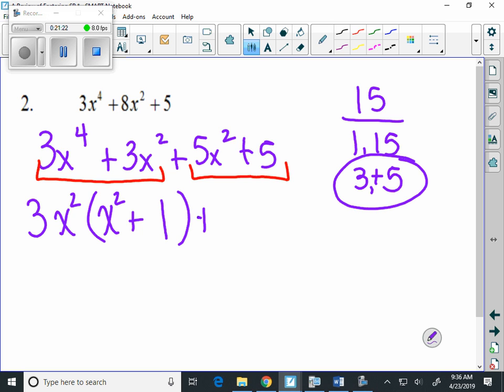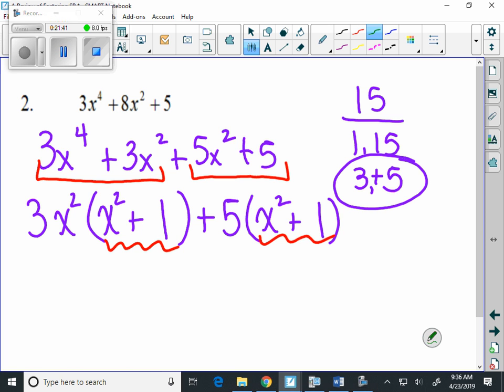Over here, plus, where's the common factor? Just a 5 in the second group. 5x squared divided by 5 is x squared. 5 divided by 5 is 1. Yes, we have to write the 1. But now, in each group, we have an x squared plus 1.